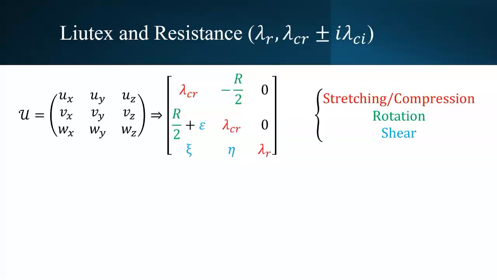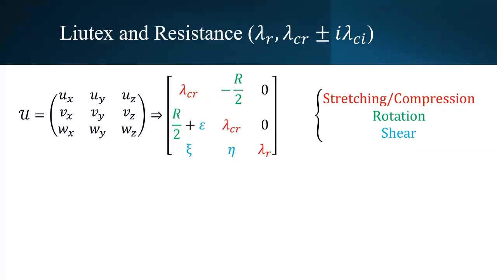Let's look at the first case. In the first case, we can transform this velocity gradient matrix into the principal coordinates through a special orthogonal transformation. From there, we can decompose it into 3 parts: stretching and compression, which is the diagonal, I mark it in red. The rotation part, r over 2 and negative r over 2, the anti-symmetric part, I mark it in green.